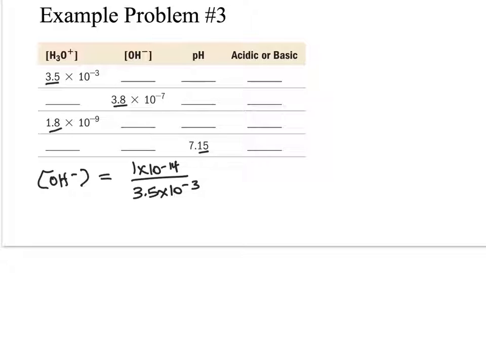And I'm getting 2.9 times 10 to the negative, well, I must have hit the wrong button. Let me double check that. 2.9 times 10 to the negative 12th.